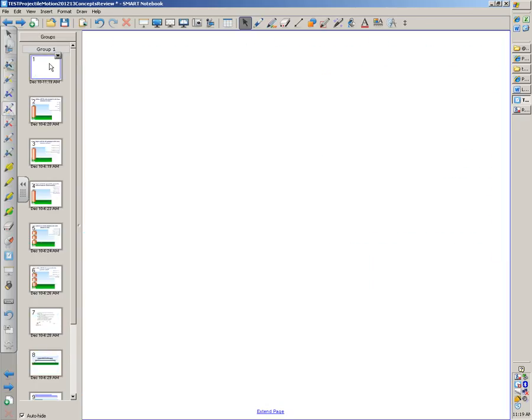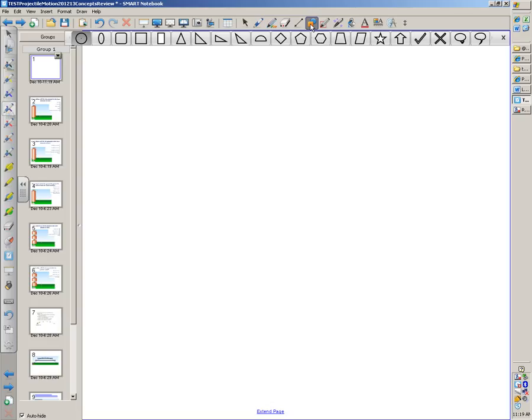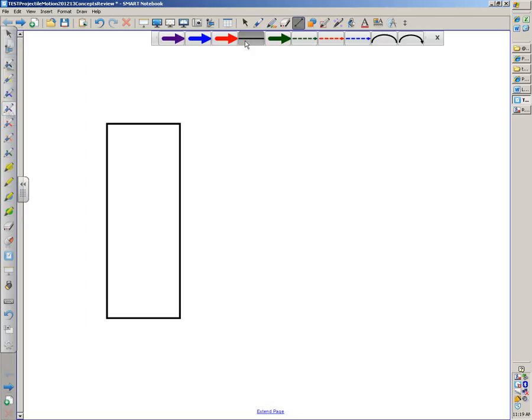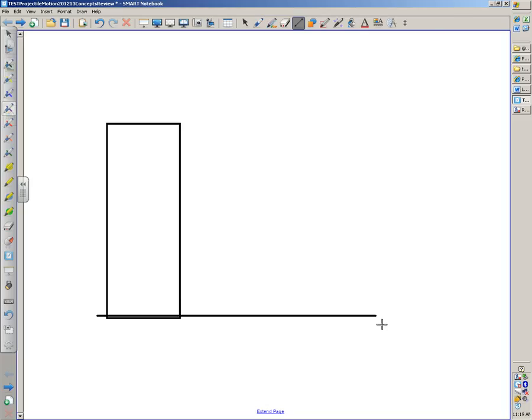Let's start first with talking about our first kind of problem. So our first kind of problem started off on top of a ledge, and here's the ground down here. And the first kind of problem we talked about was the horizontal launch.